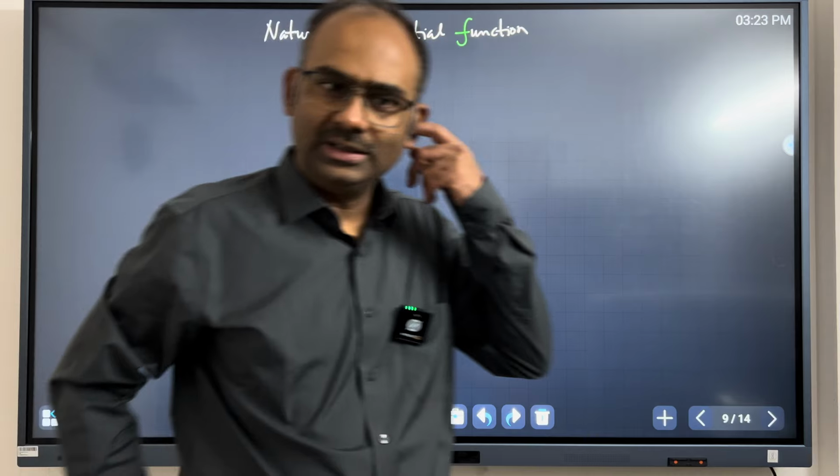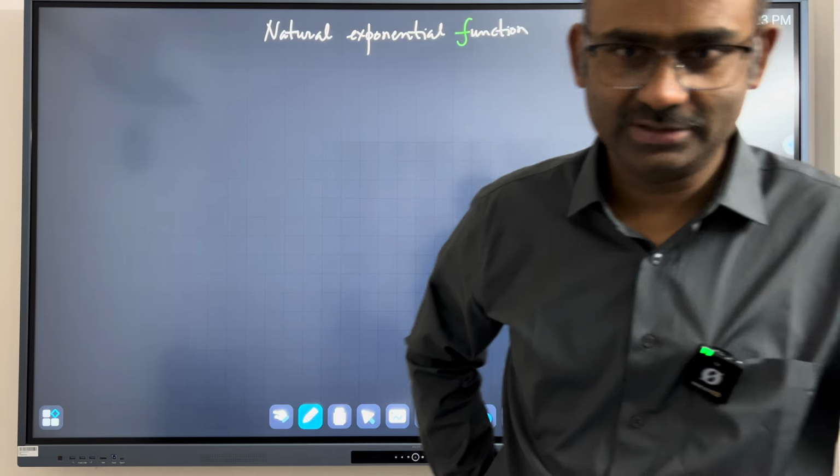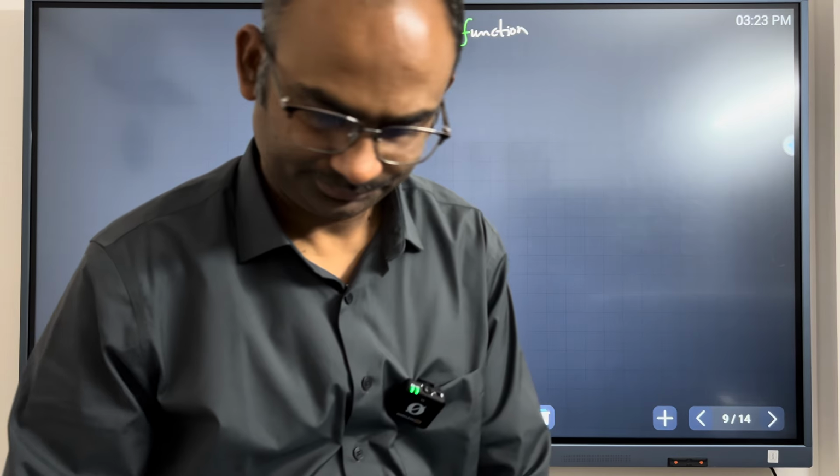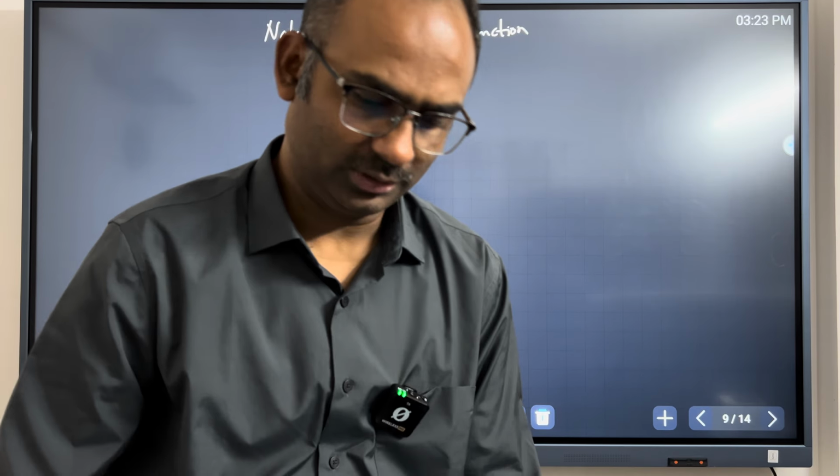Because I almost always use this function, we do not say it's natural exponential function, we just say exponential function.